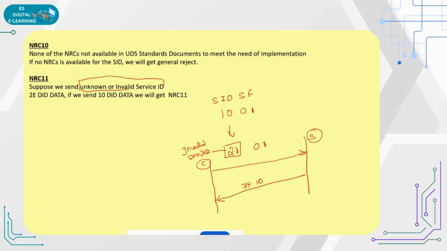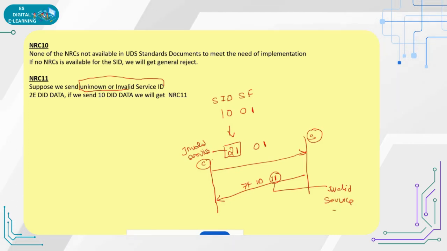You come to know you are sending the subfunction 7F, 10 and 11. You will get an NRC. So it will show that you are sending an invalid service ID. Okay, clear, right?